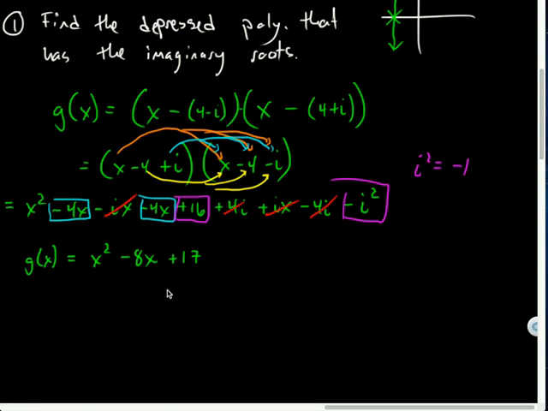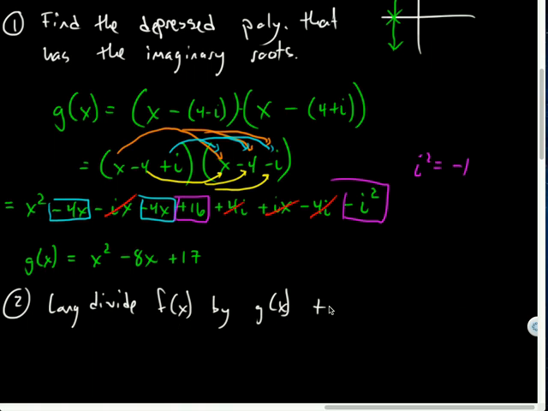Okay, so now I've just found the depressed polynomial. Next I'm going to long divide our original function by our depressed function to get another depressed polynomial that contains the remaining factors.